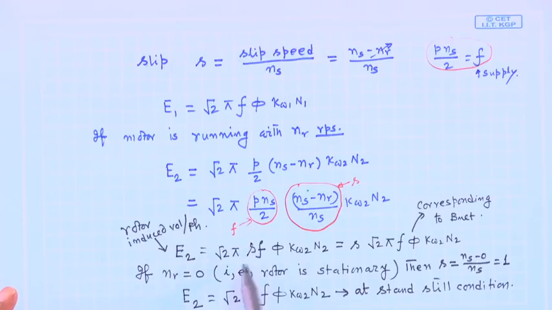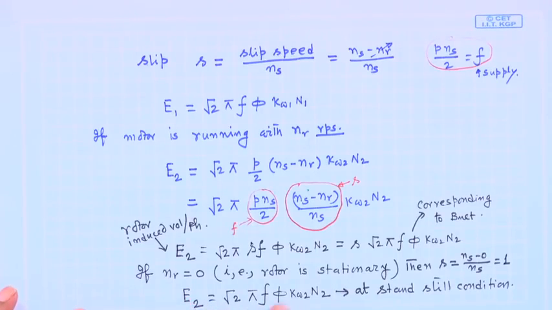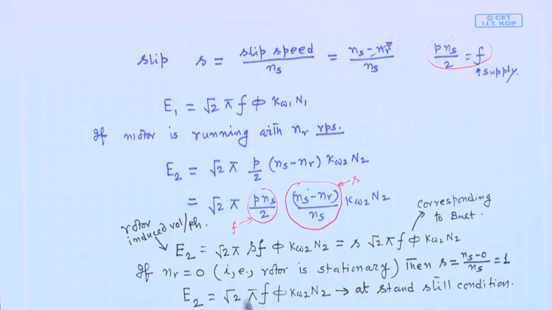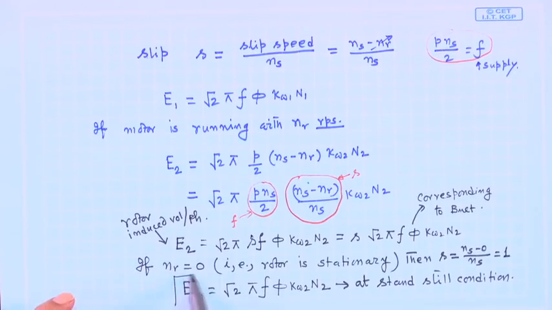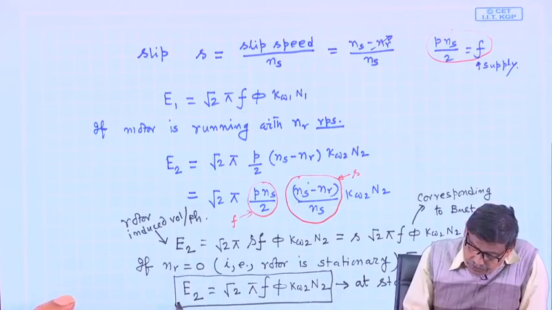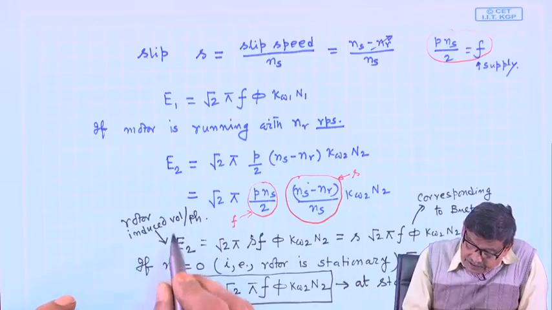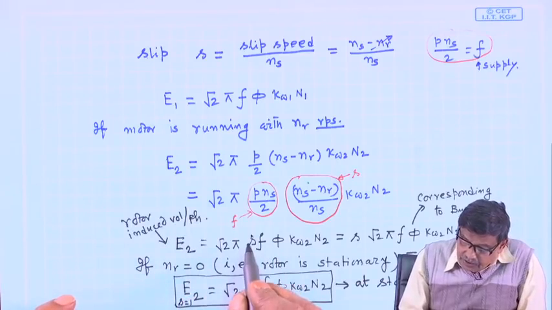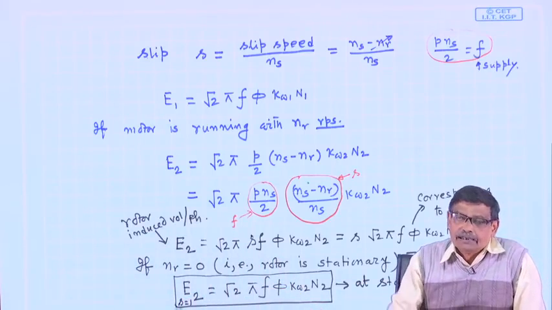So, you see the importance of s. s comes handy in expressing several things. For example, the induced voltage in the rotor under standstill condition is E_2, where you should write s equal to 1, and here it is the induced voltage when the rotor is running with a slip s.